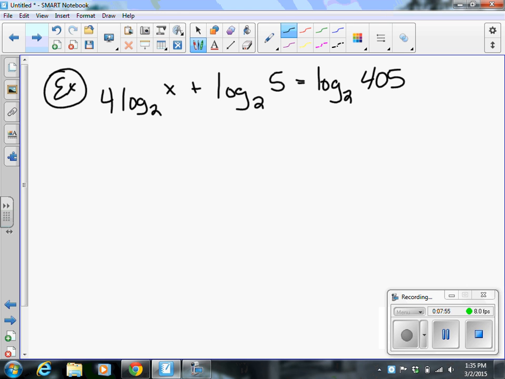So my first step here is not to do that, is to get this log base 2 of 5 over here. Okay, so I know that I have 4 log of base 2 of x equals, well, what happens when I subtract? When I subtract, it's like I'm really dividing.